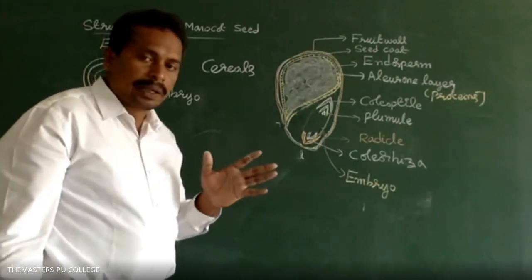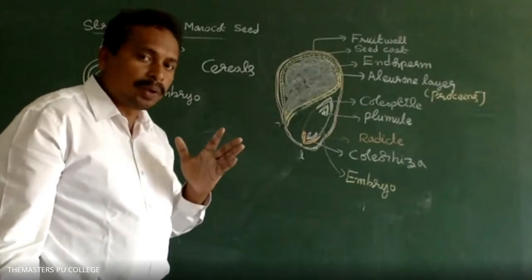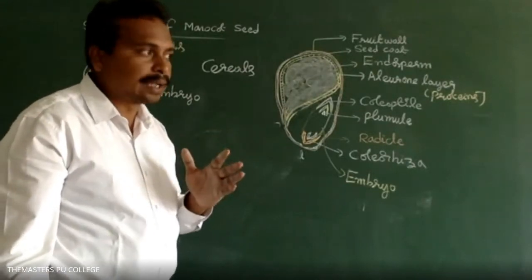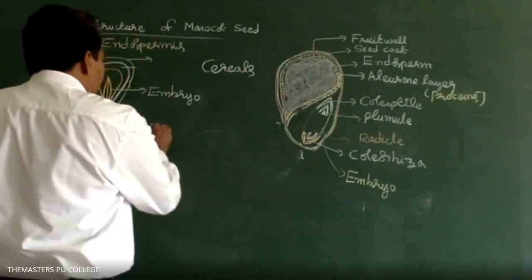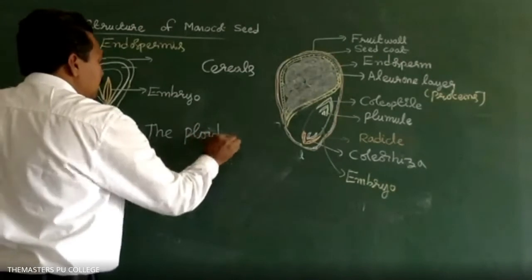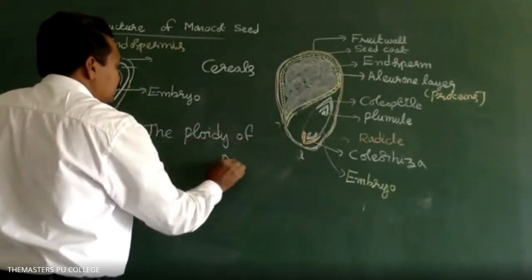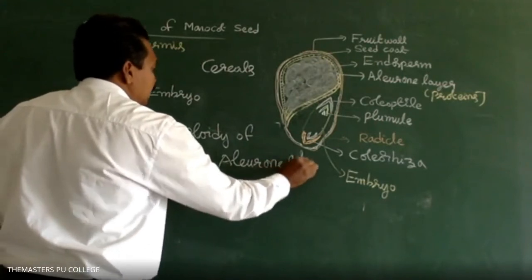The aleurone layer is a part of the endosperm tissue. What is the ploidy of the aleurone layer? Is it haploid, diploid, or triploid? Sir, the ploidy of the aleurone layer.